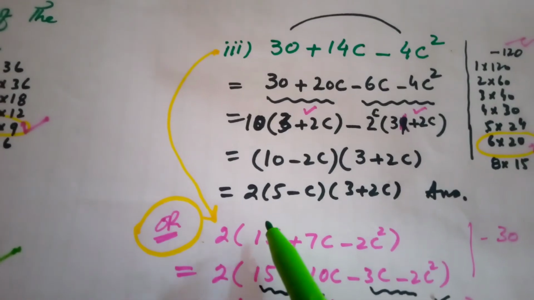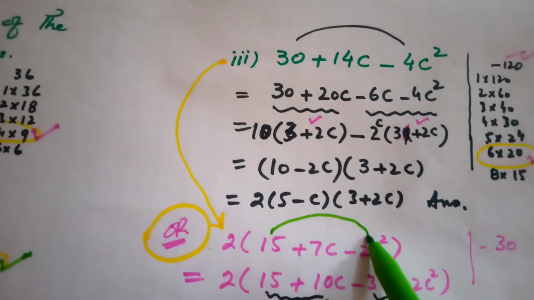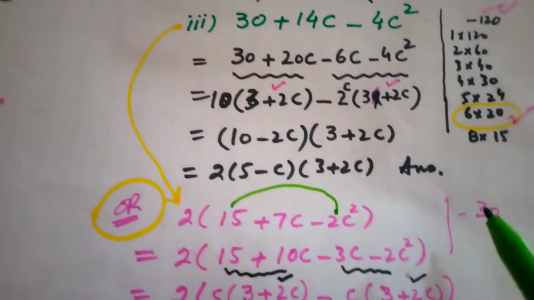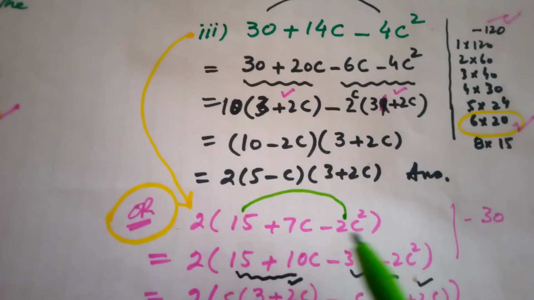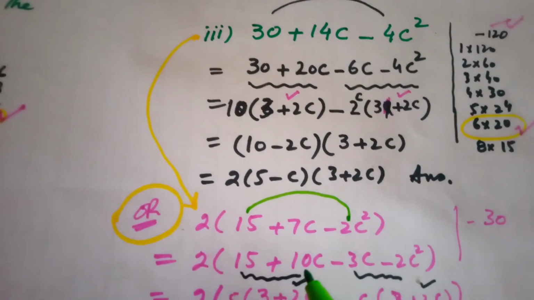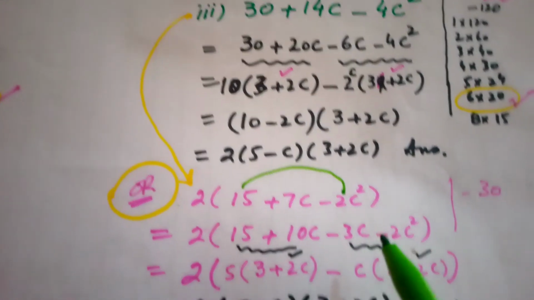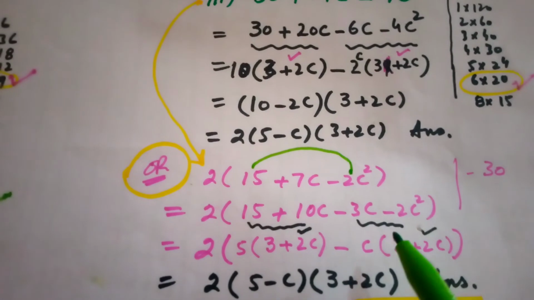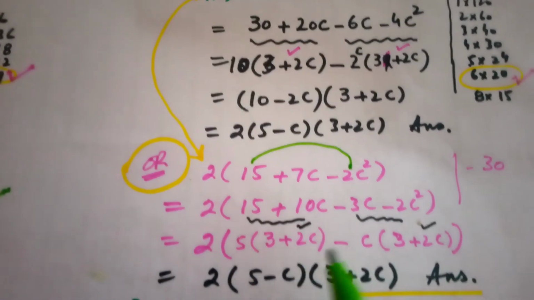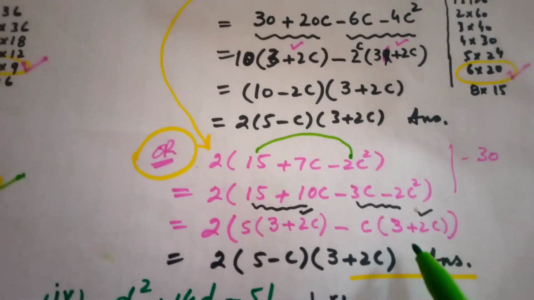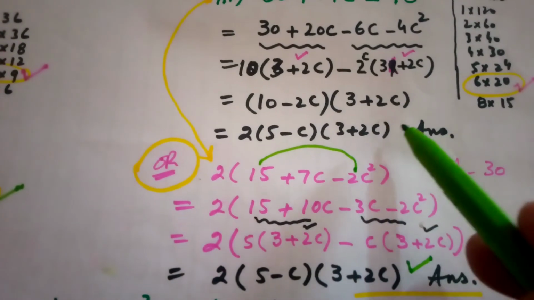So the same case: 15 times 2 will give you 30, and you have to make the pairs of this one. So the appropriate pair for this one is plus 10 and minus 3. So the same case you have to follow the steps, and the answer is almost the same.